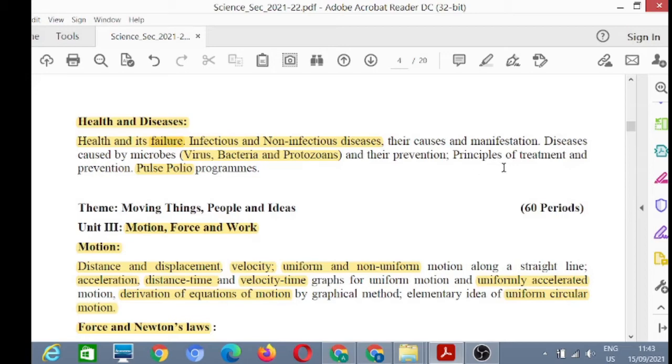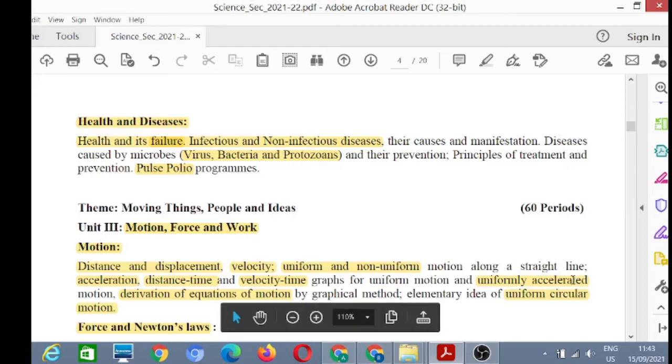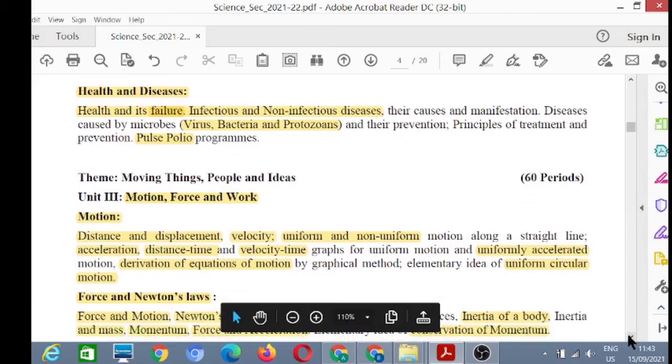So that is the principle of treatment and prevention. Then pulse polio. This is a social issue. Social issues are very easy in the science subject. These are the types of essays you can write on scientific topics.